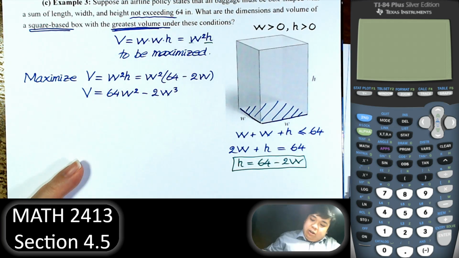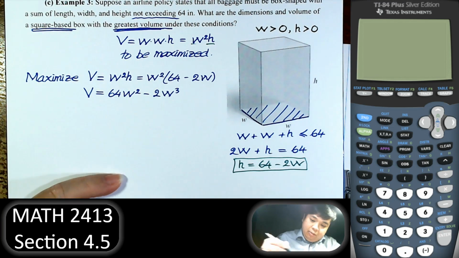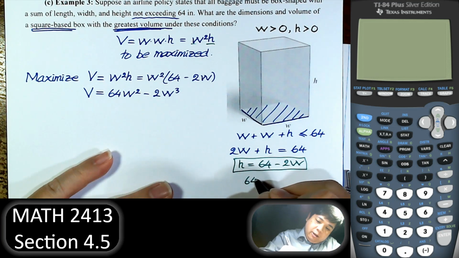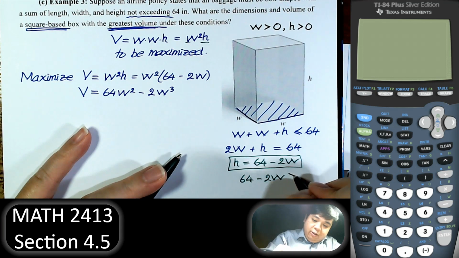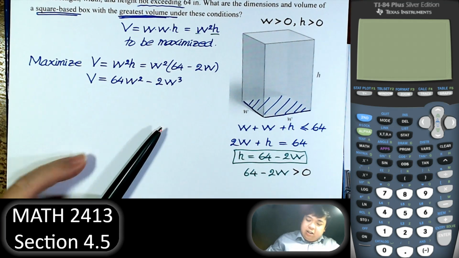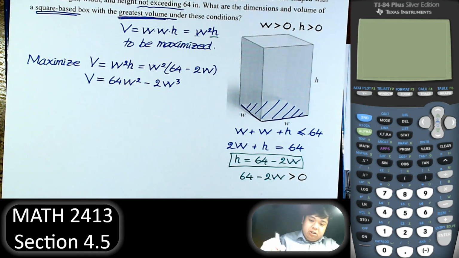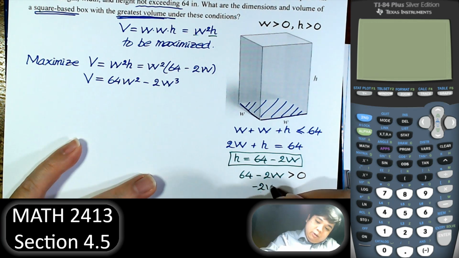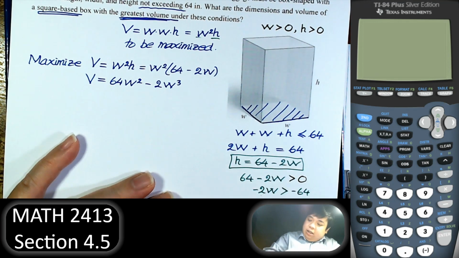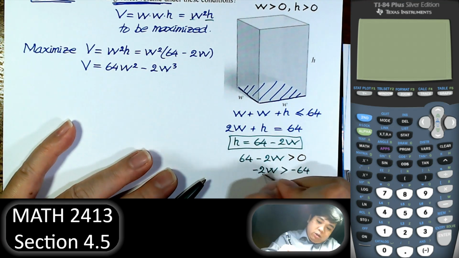Right, now h is this. Substitute that into here, so we have 64 minus 2w has to be positive. So I solve for that. Move the 64 to the other side. Negative 2w greater than negative 64. And now divide by negative 2 on both sides.